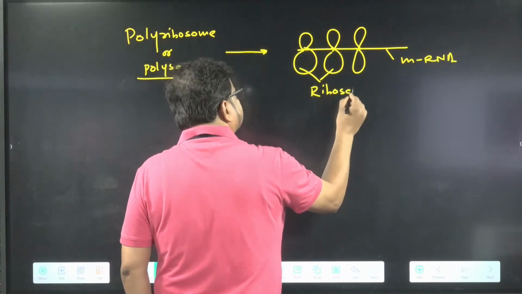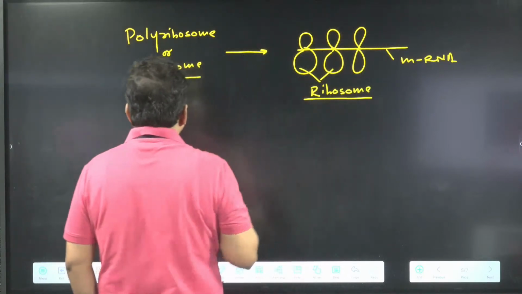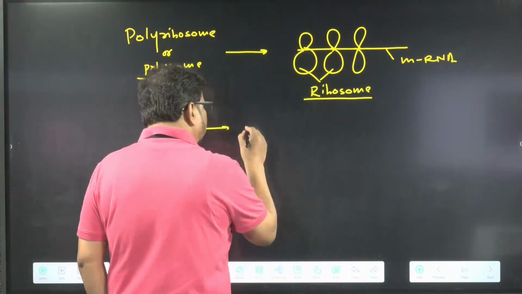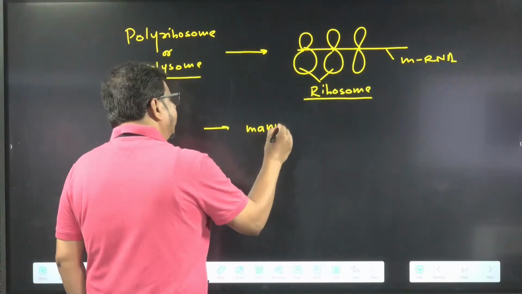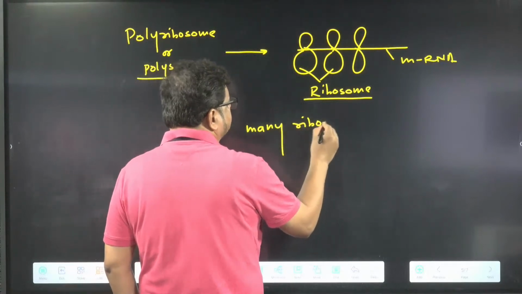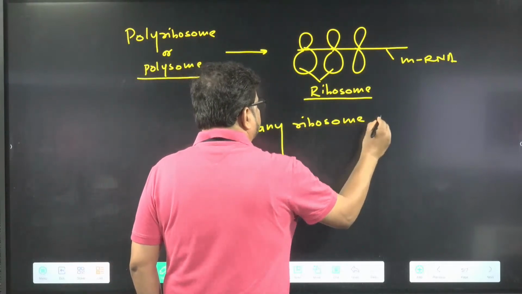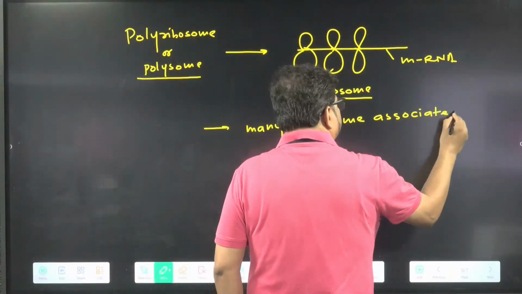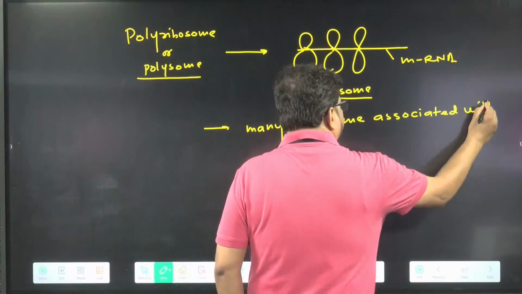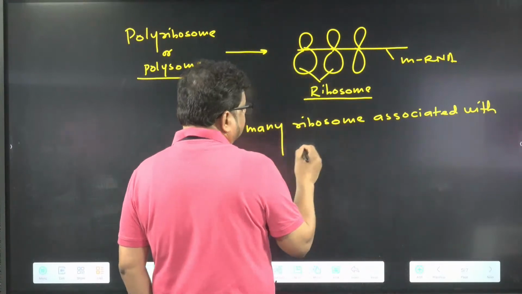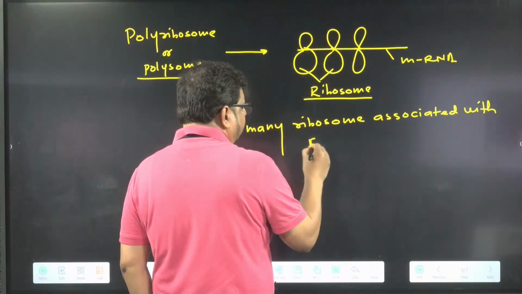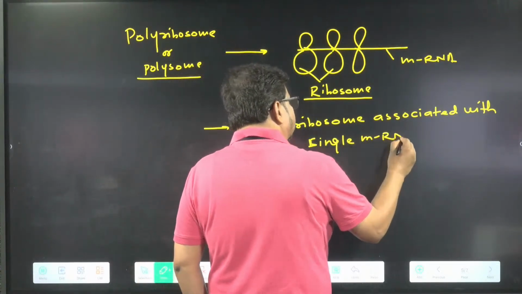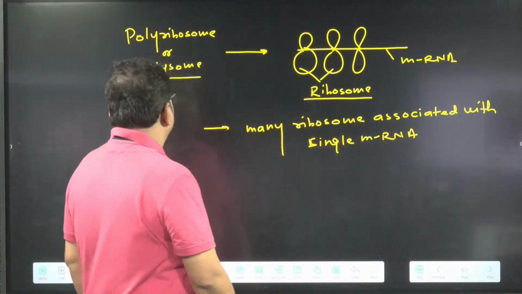So the examiner will ask sometimes, in polyribosome or polysome, what is there? Many ribosomes associated with a single mRNA. That is called polysome or polyribosome.